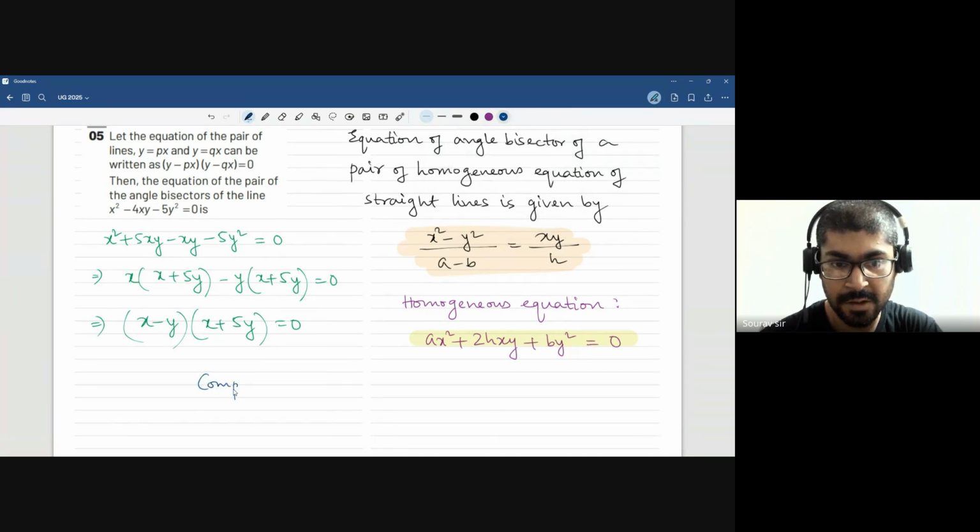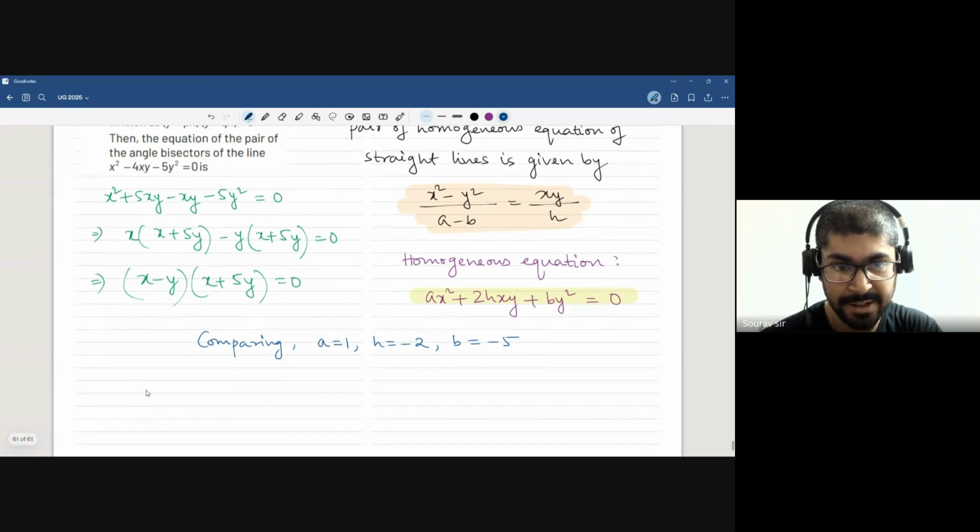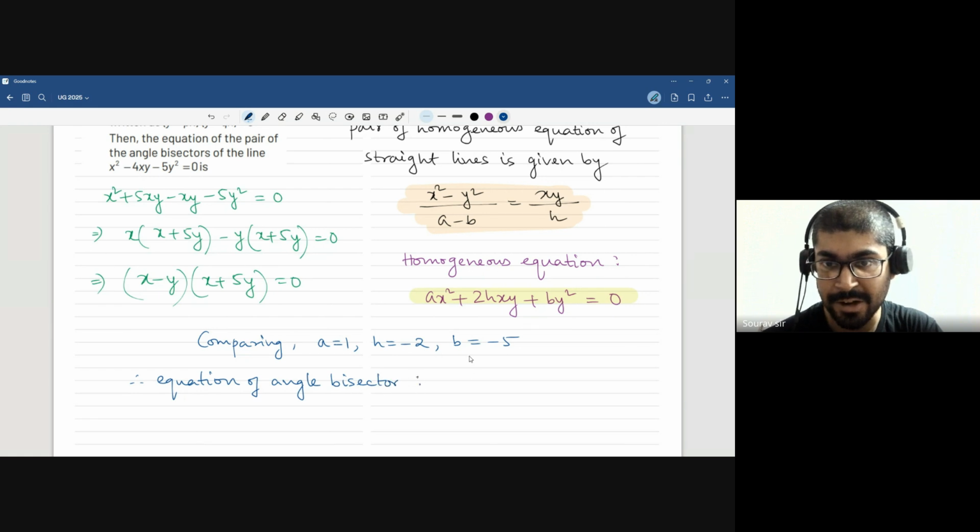Comparing, you'll get a is equal to 1. 2h is equal to minus 4, so h is equal to minus 2. And b is minus 5. Okay. So equation of angle bisector, you can put the values: x square minus y square divided by 1 minus minus 5 is equal to xy by minus 2.